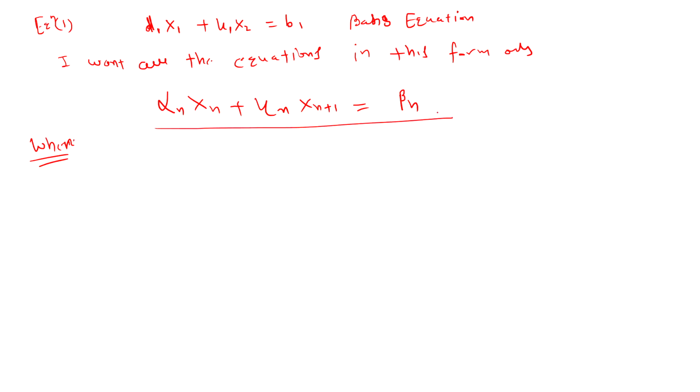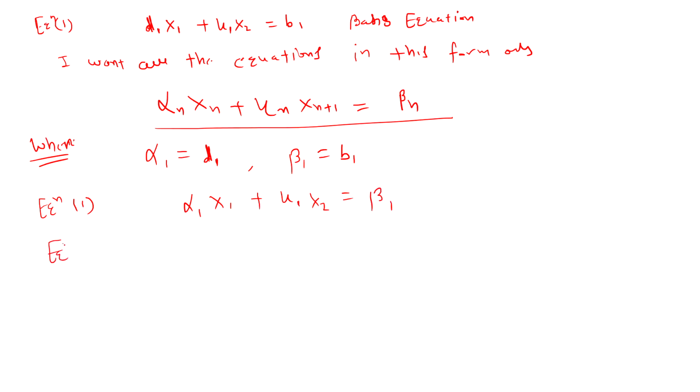This is my basis equation, which has the form of equation number 1. So in that case, how will I define alphas and betas? Let us see. Alpha 1 is nothing but d1 and beta 1 is nothing but b1. So equation 1 has come out as alpha 1 x1 plus u1 x2 is equal to beta 1.